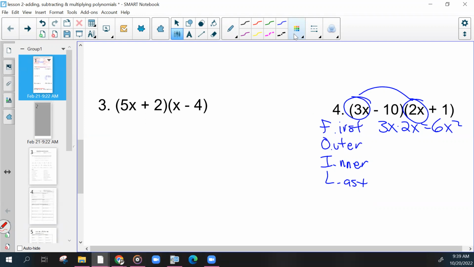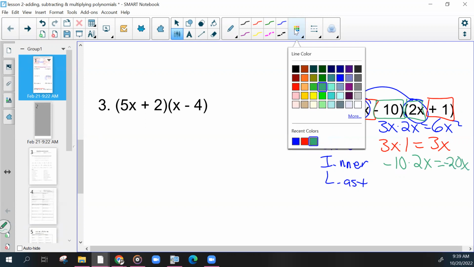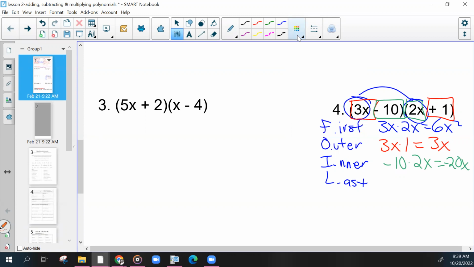The outer term, so that would be outside 3x and positive 1. Which would just give us 3x. The inner terms, so opposite of what we just did. Negative 10 and 2x. Which would give us negative 20x. And then our last terms will be, so first were 3x and 2x, last would be negative 10 and 1.